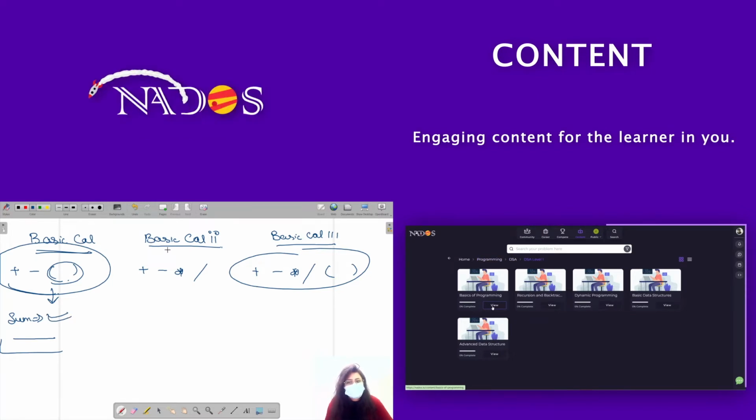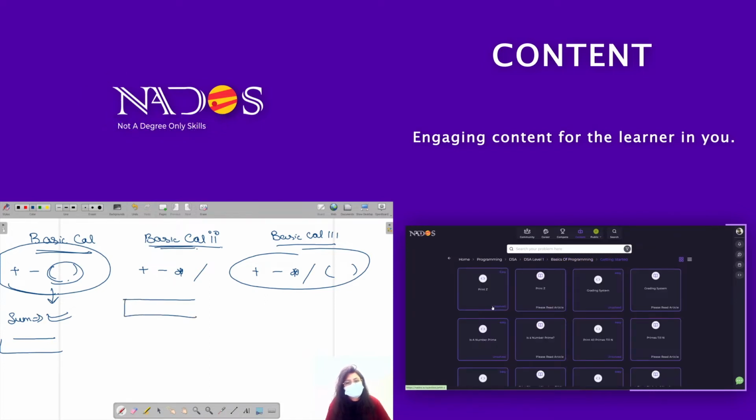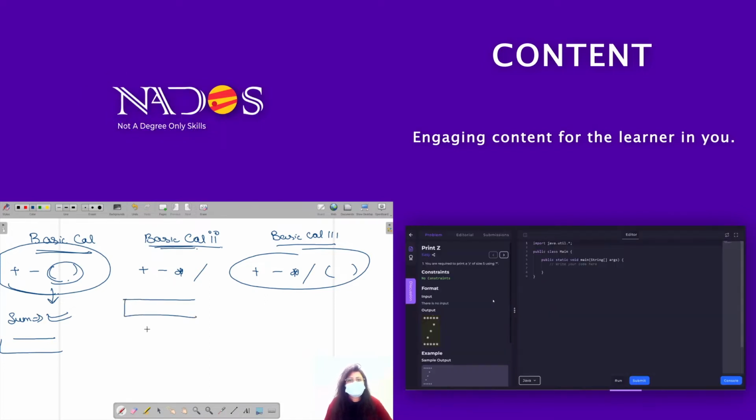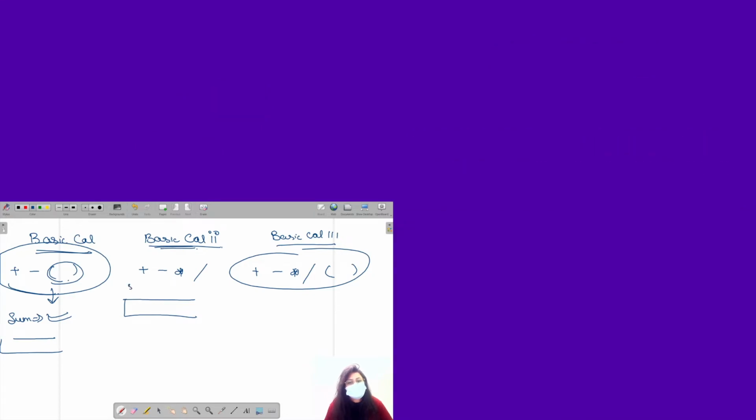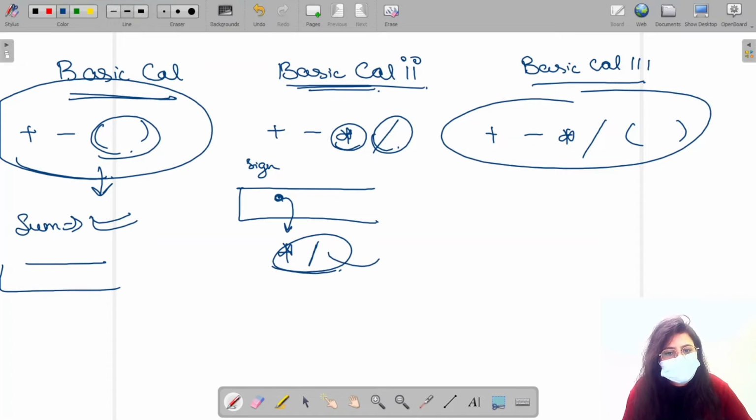In Basic Calculator 2, we were doing all the calculations in a stack, and we had a sign variable. Whenever the multiplication and division operator came, we were popping the element from the stack, doing the multiplication or division separately, and then pushing the result into the stack again.